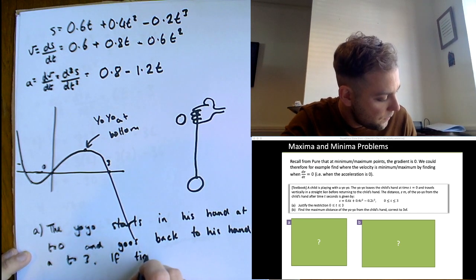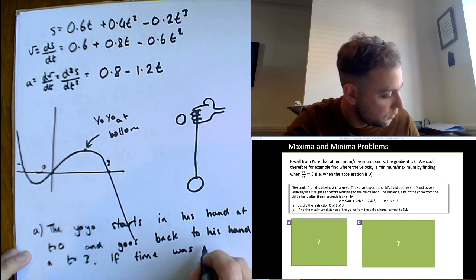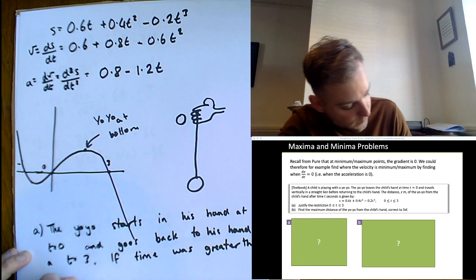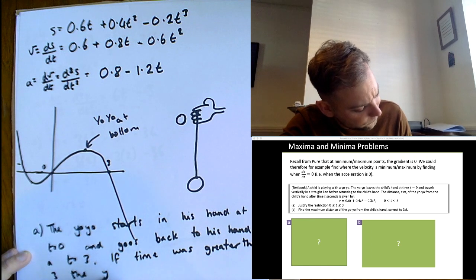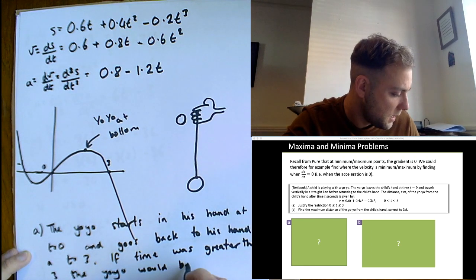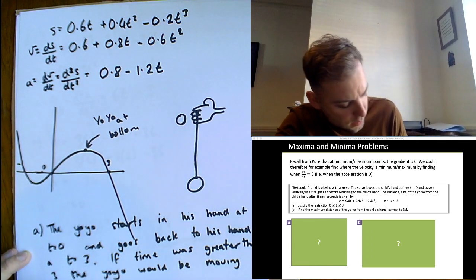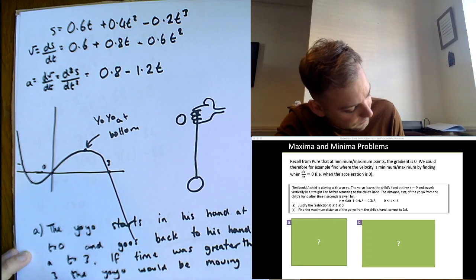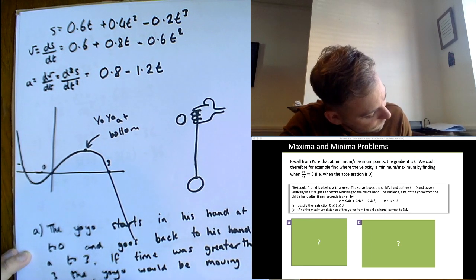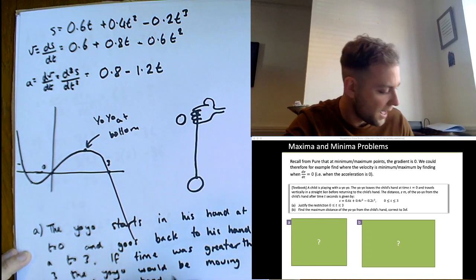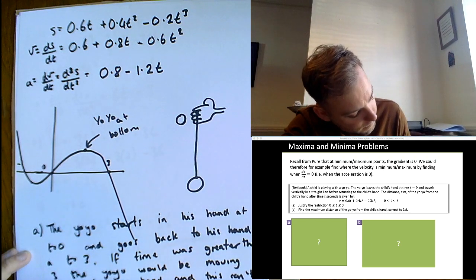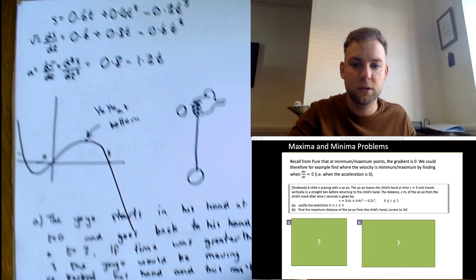If time was greater than 3, the yo-yo would be moving up past his hand and this can't happen. Brilliant. Let's just make sure you can read that.